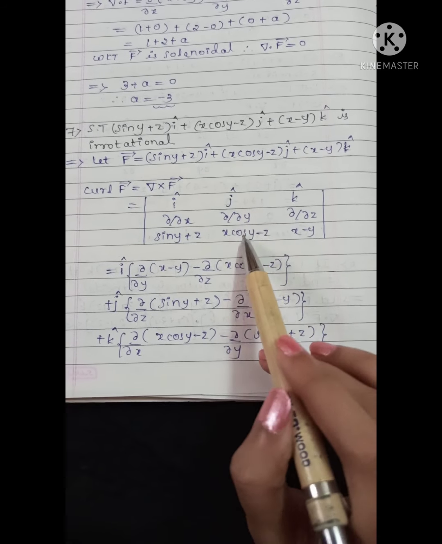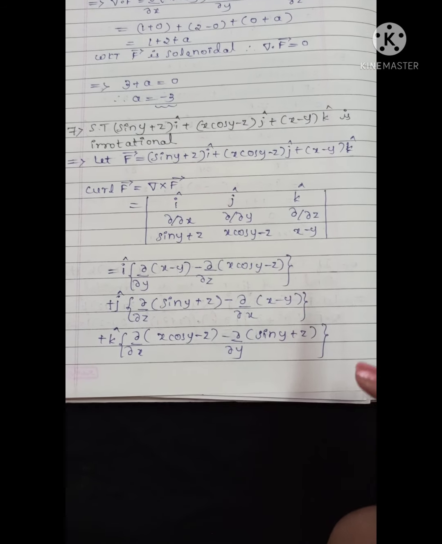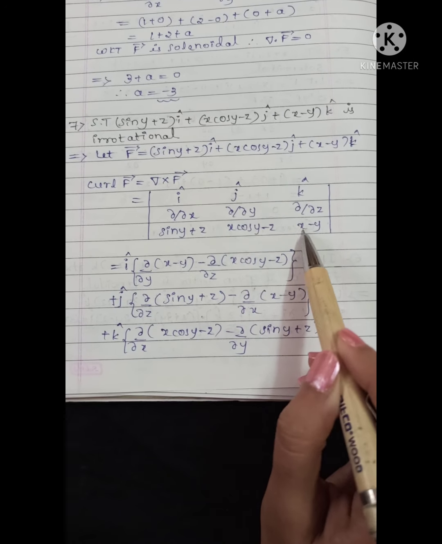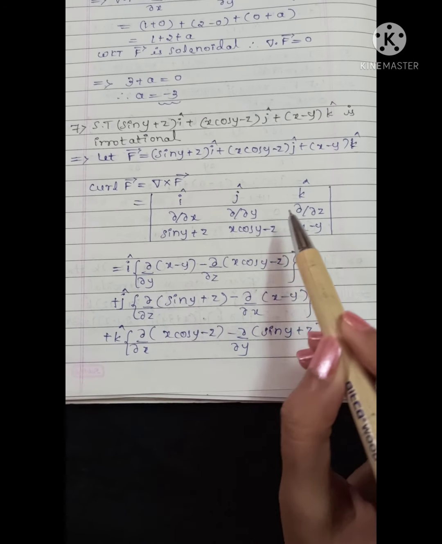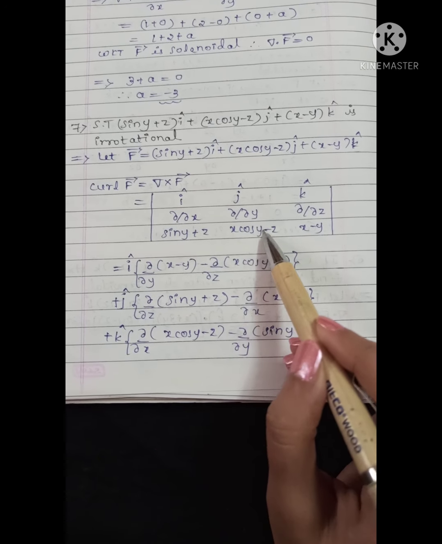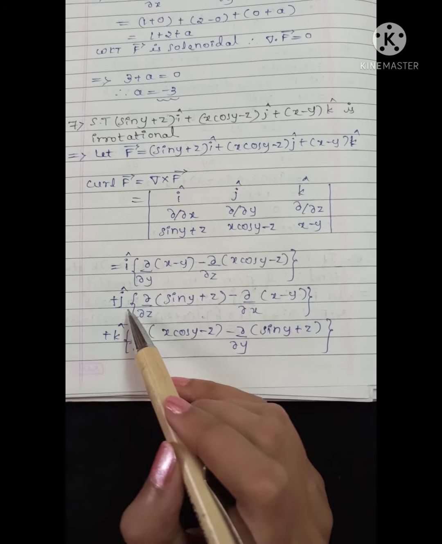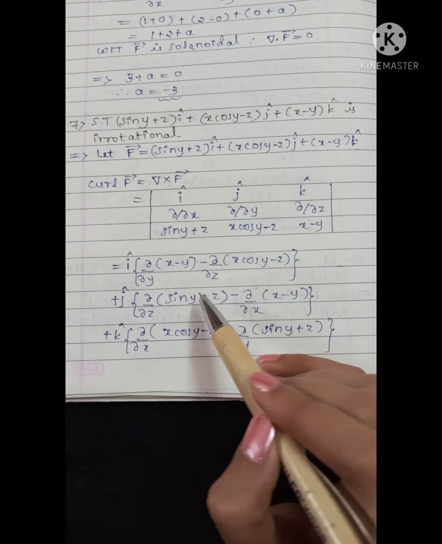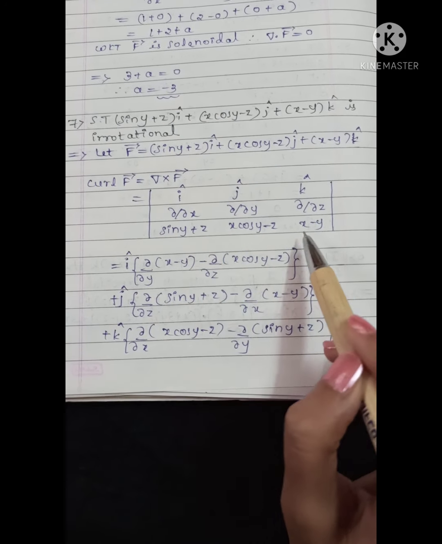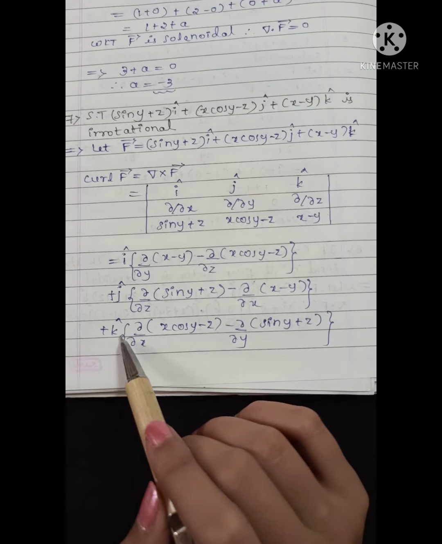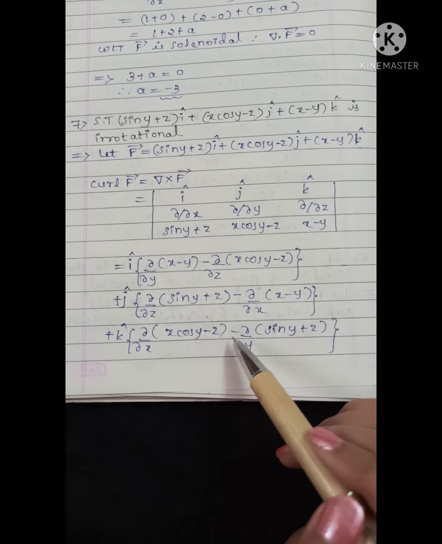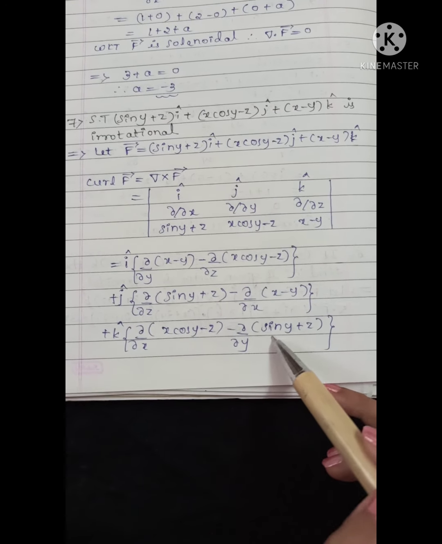which is equal to i cap of dou by dou y of (x minus y) minus dou by dou z of x times (cos y minus z), plus j cap of dou by dou z of (sin y plus z) minus dou by dou x of (x minus y), plus k cap of dou by dou x of x times (cos y minus z) minus dou by dou y of (sin y plus z).